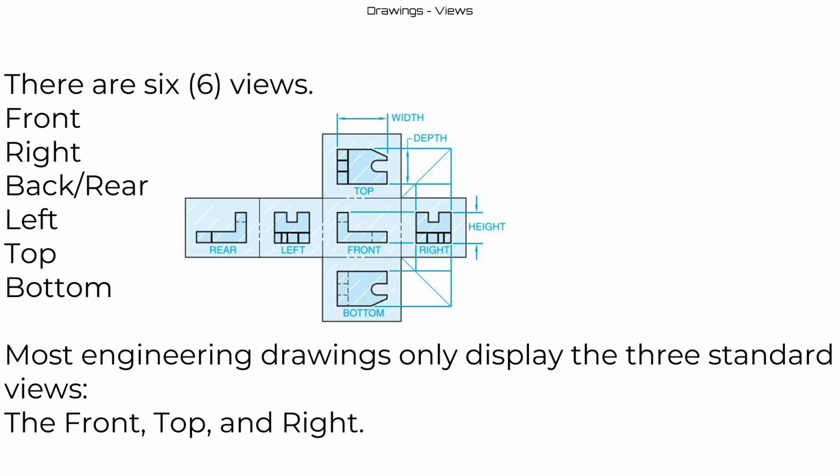But most of the time, we are going to be using front, top, and right, and sometimes also the bottom if it's a bit complex. This is the more general idea. You're going to be putting a cube outside of the part, and where you're looking at in the cube is basically your projection.